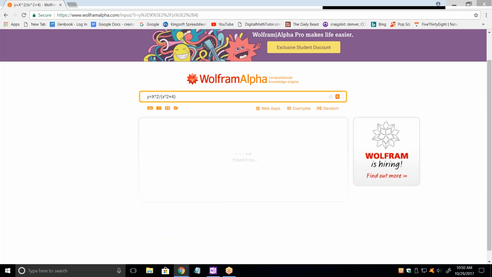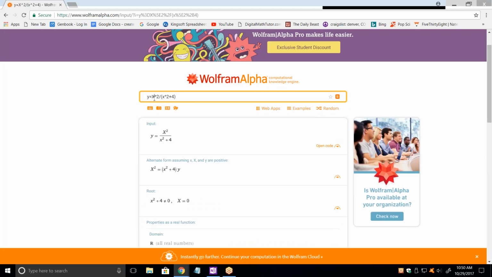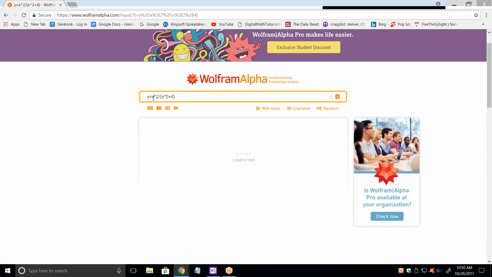And now the beauty of Wolfram Alpha, unlike your TI, is it tells you what you put in. I didn't mean for that to be a capital X. I better change it. I'm not sure what its interpretation of that would be.